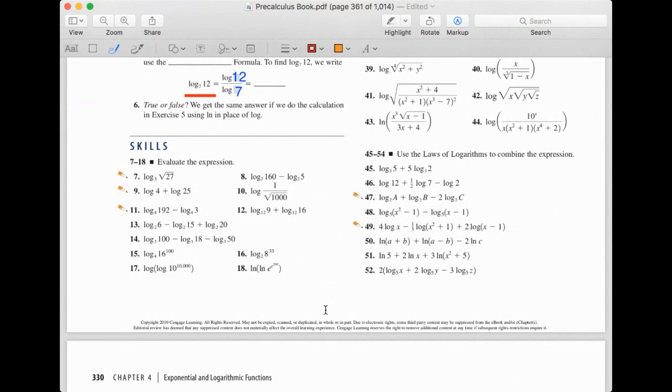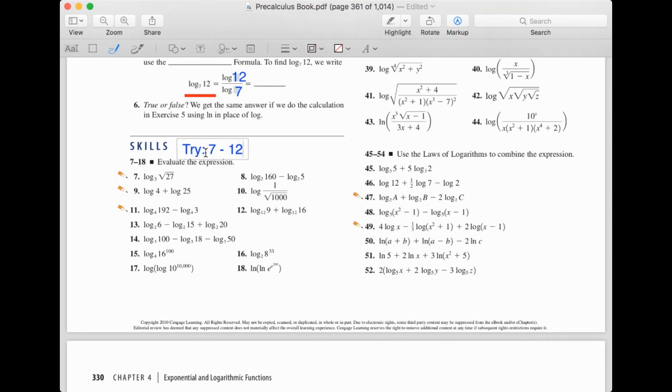So let me find some so you could try it. Evaluate the expression. Okay, let's try a couple of these.